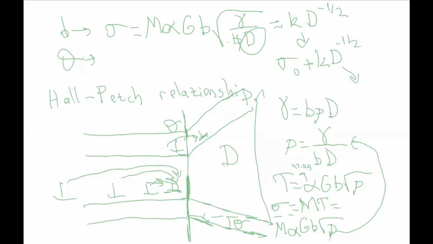So what happens according to this formula if we decrease the grain size according to the Hall-Petch relationship? Are we increasing the strength or decreasing the strength once we have the less grain size? So less grain means more strength or less strength?